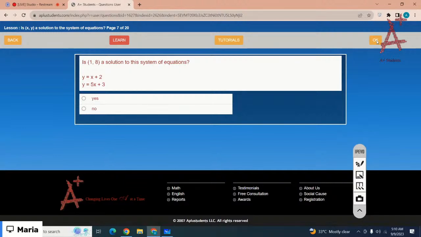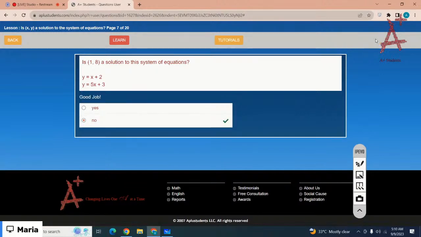The correct option is no. (1, 8) is not the solution of the equations.